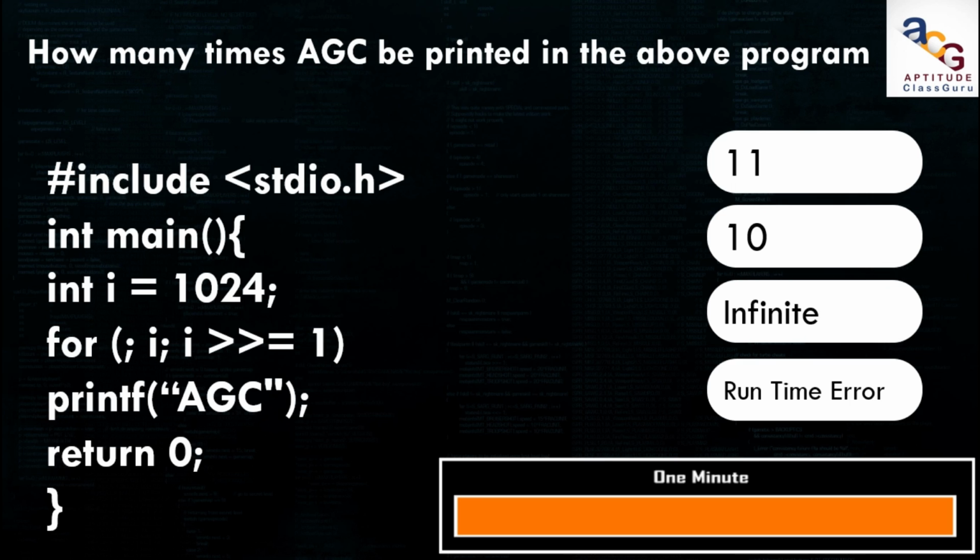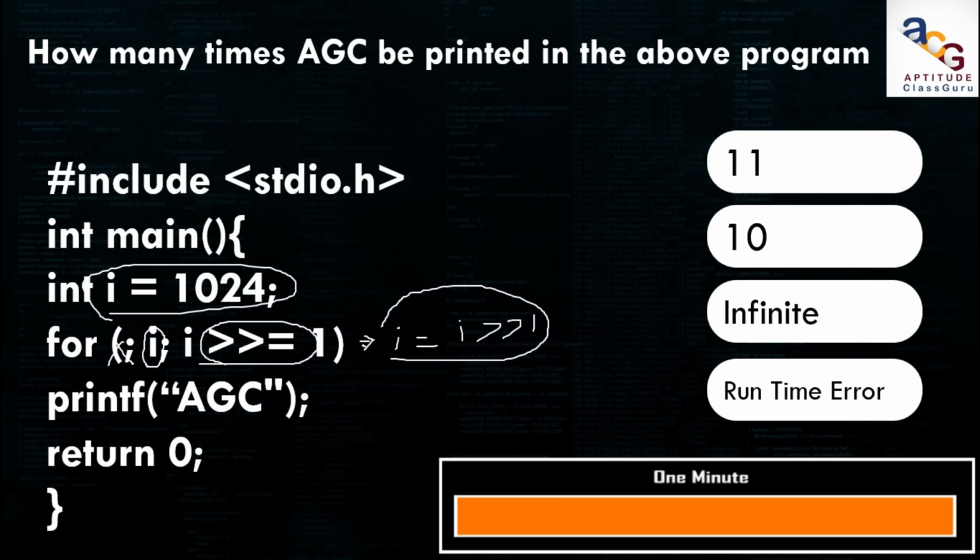How many times ABC will be printed in the above program? Just look at it. I was already initialized, so he skipped the initialization statement. Until i becomes null or 0, the loop runs. Okay, i >>= 1. What is this greater than equal? It is nothing but the right shift and assignment operator. So it is a short format for i = i >> 1.